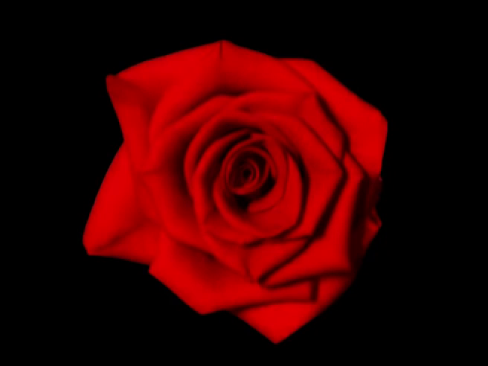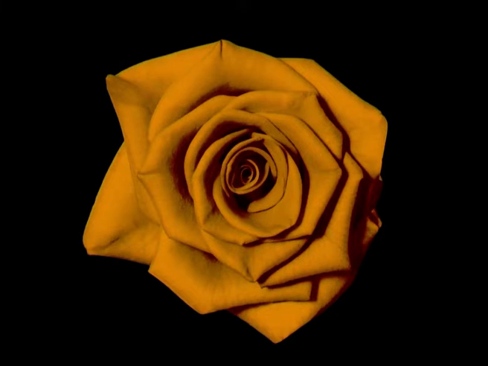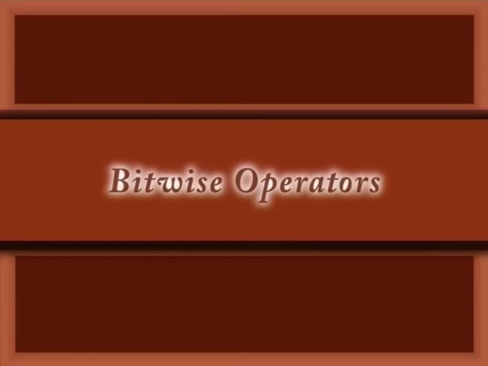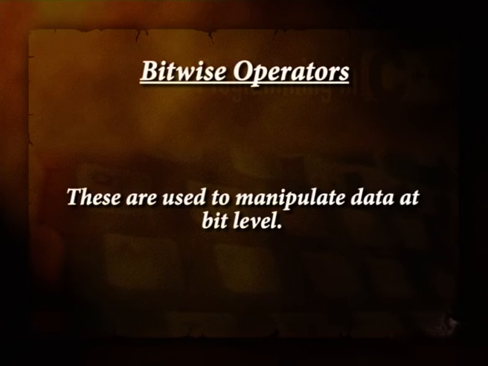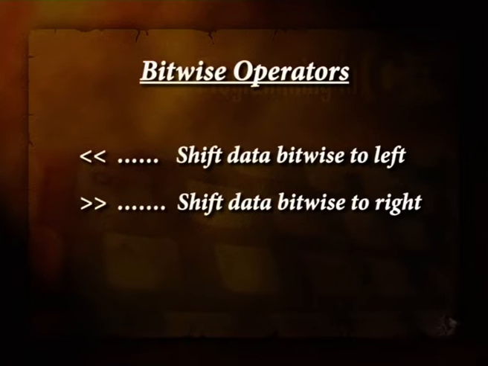The unary operator is logical NOT, that is the exclamation sign, which is used to negate values. For example, a rose can be red or it cannot be a red rose. Bitwise operators. These are used to manipulate data at bit level. For example, double less than and double greater than will shift data bitwise to the left and to the right respectively.